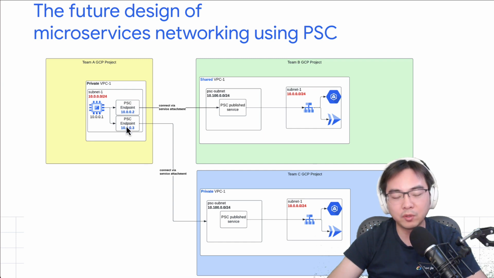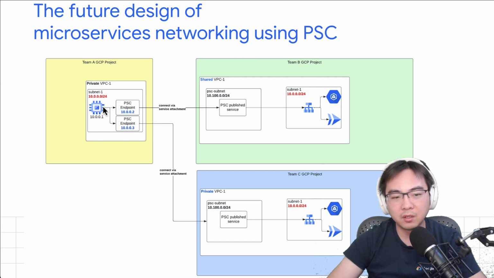All you have to do is create another PSC endpoint to attach to the service provided by team C with another IP, which in this case is 0.3 alongside 0.2, right? Obviously, you can do these things with private domains too, but I haven't looked into that yet.